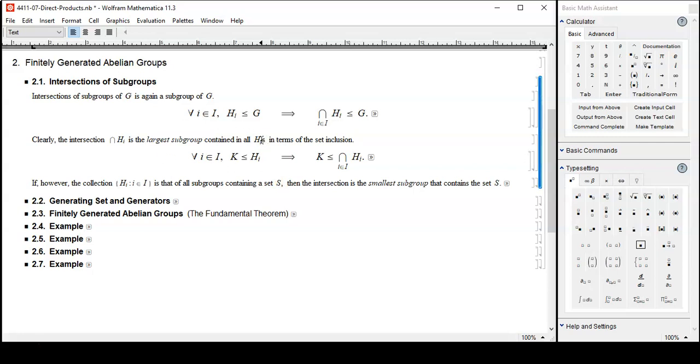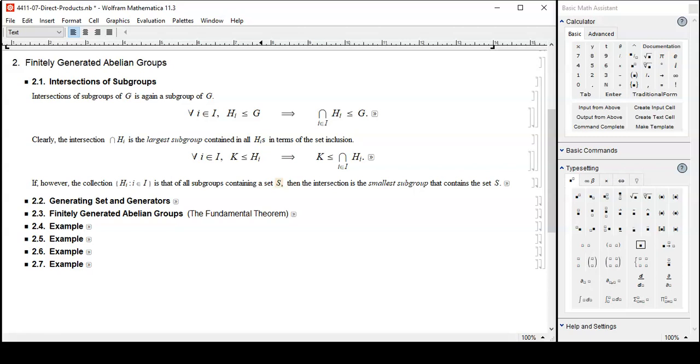Previously, we were looking at H_i's. So from H_i's and no other restriction, the intersection is the largest subgroup contained in all H_i's. But this time, we're looking at it from S. And then another special condition, the collection is the set of all subgroups containing a certain set S, which we are going to call a generating set.